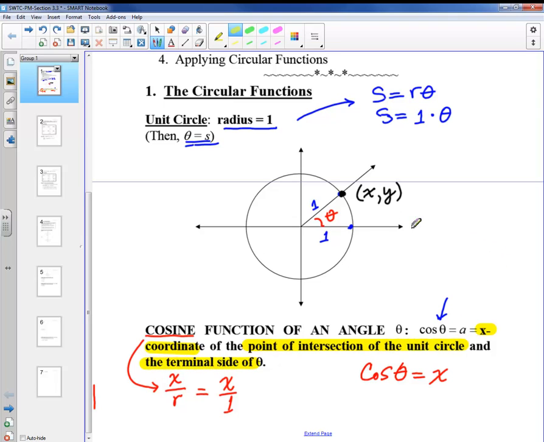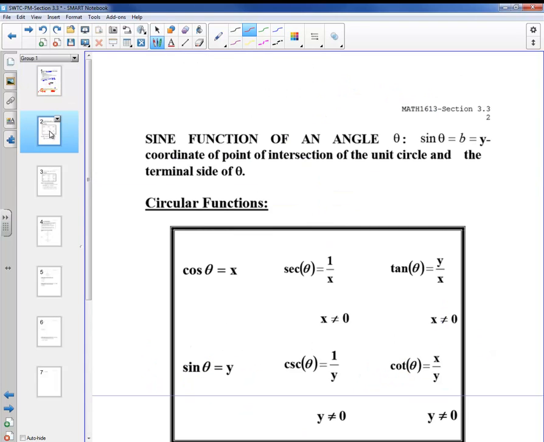So remember, this is your initial side, this is your terminal side, here's your angle, and this point of intersection, X and Y. This is saying that cosine of theta will be equal to just X, as long as we are in the context of the unit circle. That's also true when we look at sine.